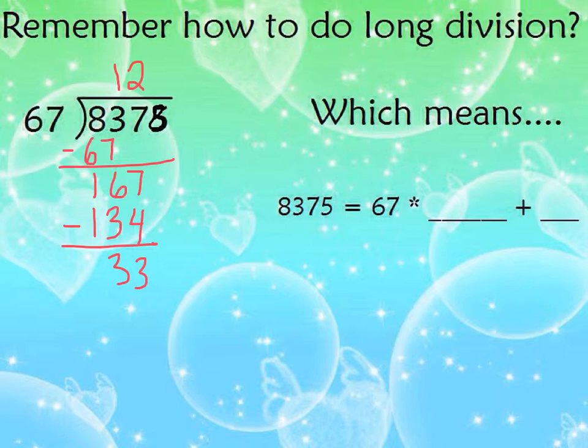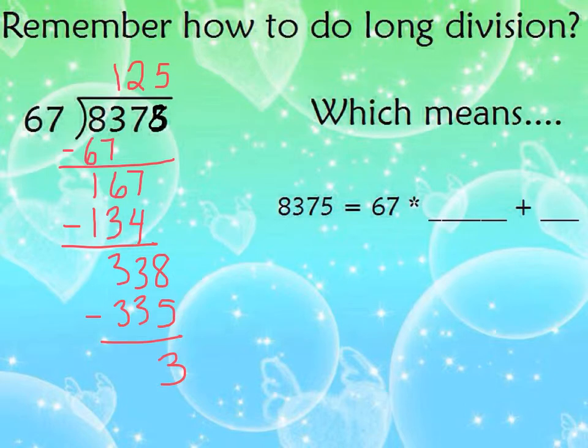And then you bring down your 8, and 67 goes into 338, let's say 5 times, and then you take your 5 times your 67 and subtract. And so this one ends up with a remainder of 3.